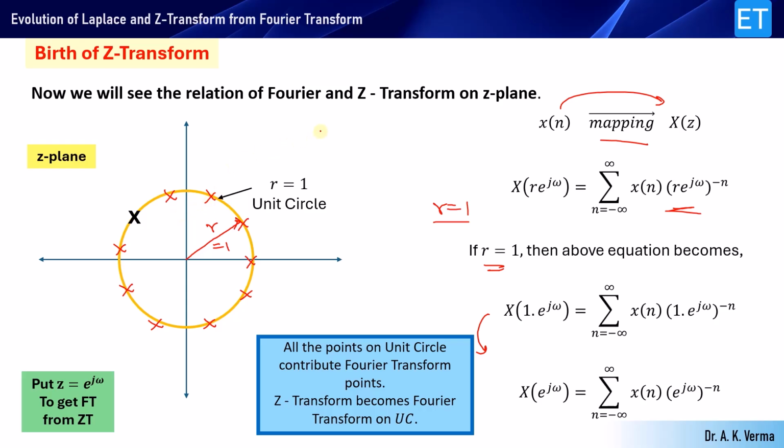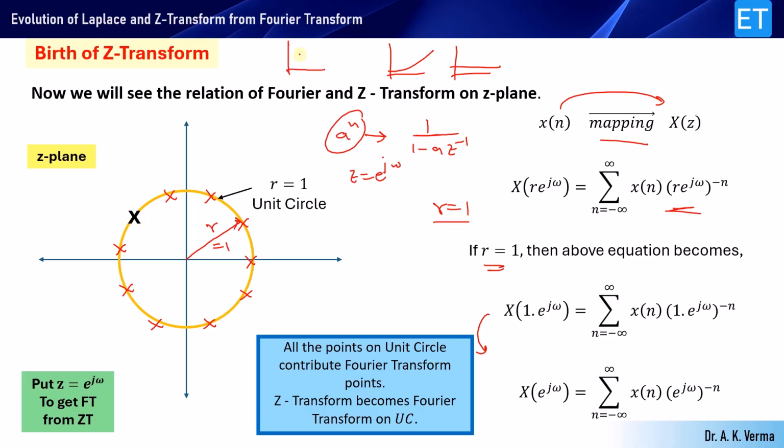So let's say you have a signal a^n. You can take the Z transform of it, and that is 1 upon 1 minus a z inverse, right? And you can substitute z equal to e^{jω} to get the Fourier transform. But this you cannot do for signals which are increasing with time or constant with time, because for them the Fourier transform does not exist.